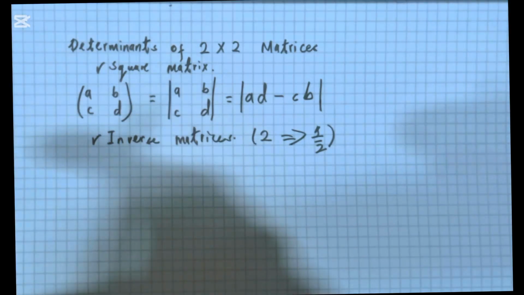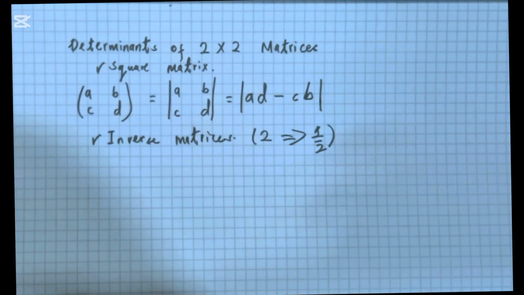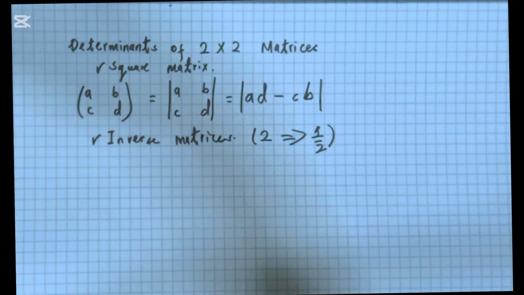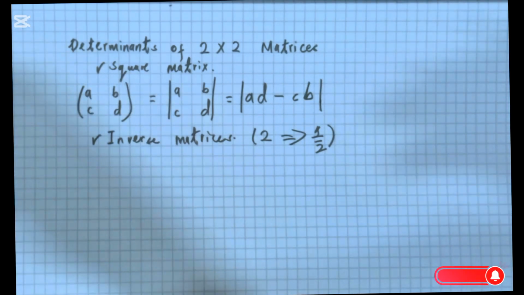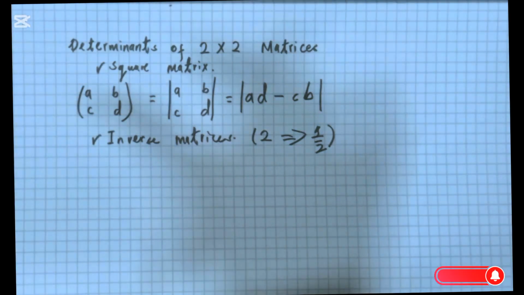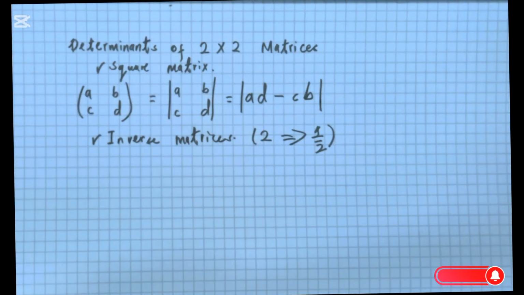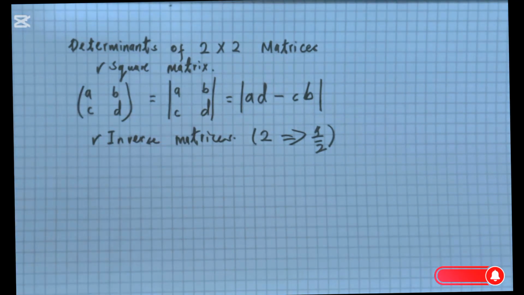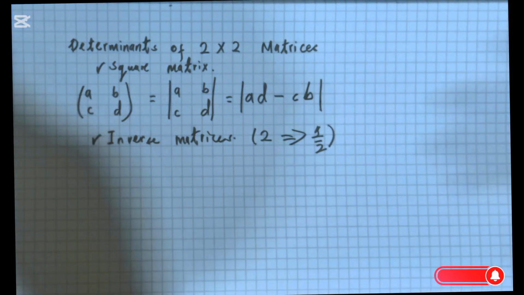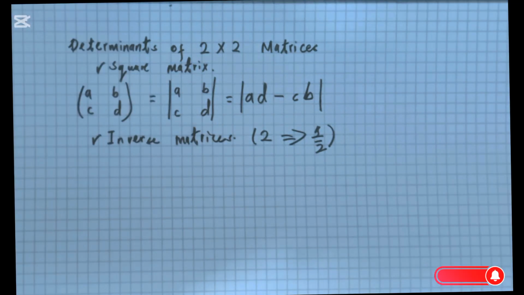And that is why we are looking at determinants in this particular class, of course, as a build-up to being able to calculate inverse of matrices, which is a very important concept when we are trying to solve linear simultaneous equations.